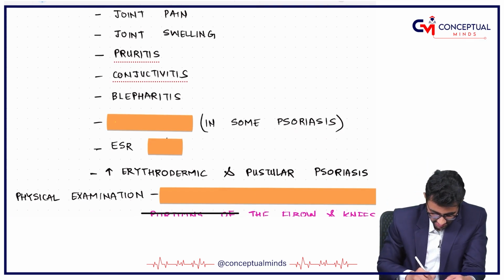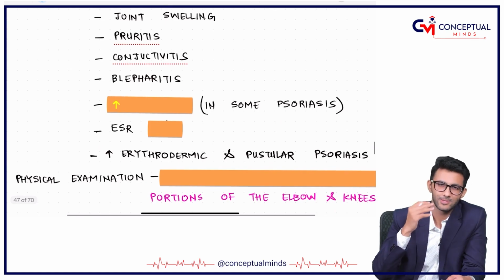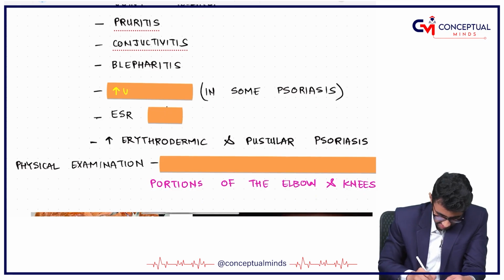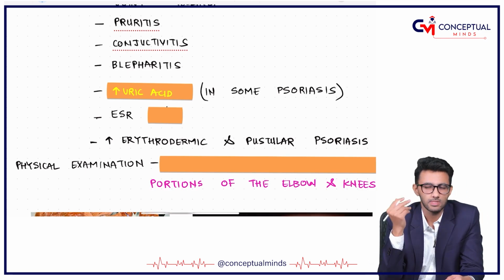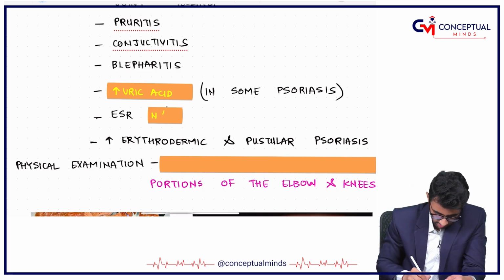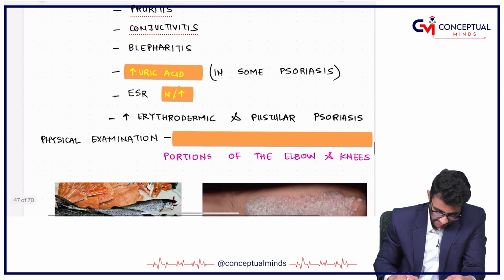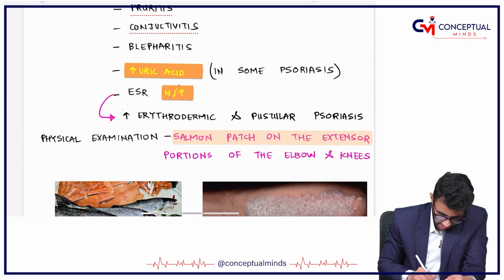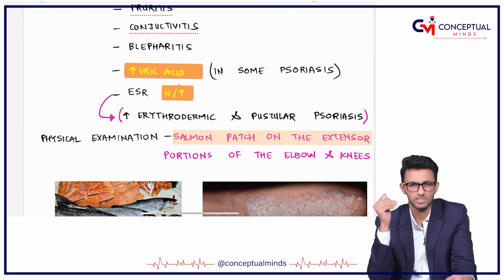On the ESR, the findings would be either normal or increased. The ESR is increased in two conditions, erythrodermic psoriasis and pustular psoriasis, where we would have an increased ESR, showing there is inflammation in the body.